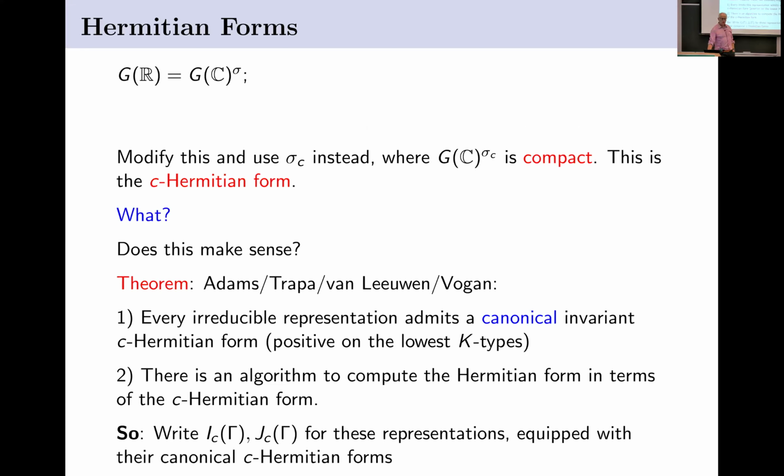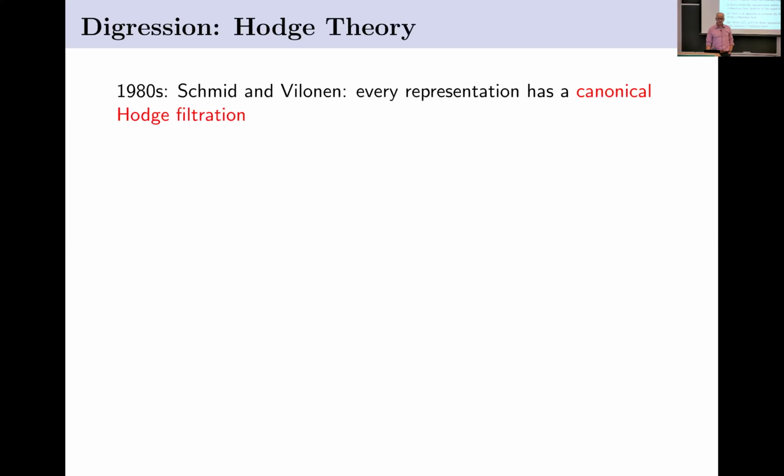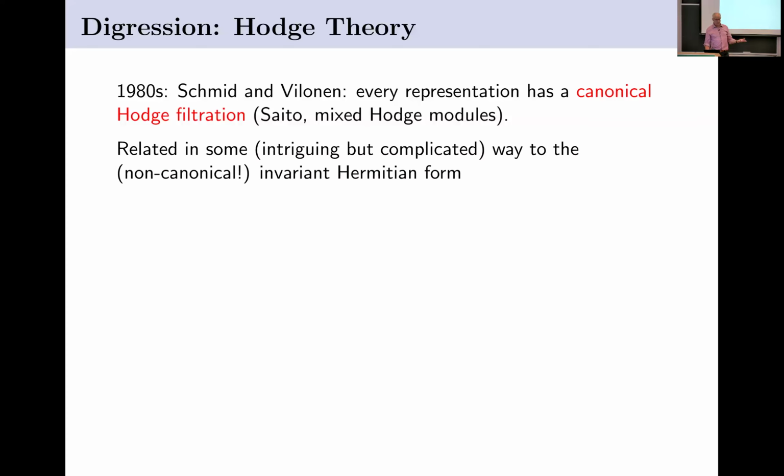Okay, so write sub C to indicate we're equipping these forms with their C form. And now it's time for a digression. In the 1980s, Schmid and Vilonen observed that every representation has a canonical Hodge filtration. And the canonical there is hugely important. This is via Saito's theory of mixed Hodge modules. And they observed then that it's clearly related somehow to the Hermitian form.